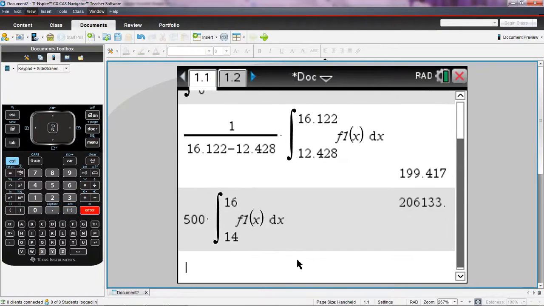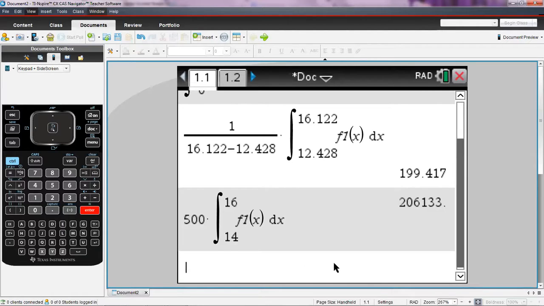Okay, enter. 206,133. Is that more than 200,000? What do you think? Yes, it is. So there is an interval of time, 14 to 16, correct?